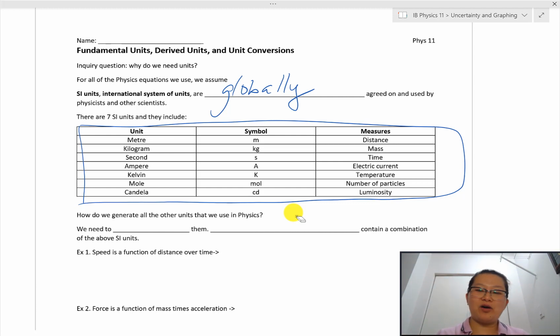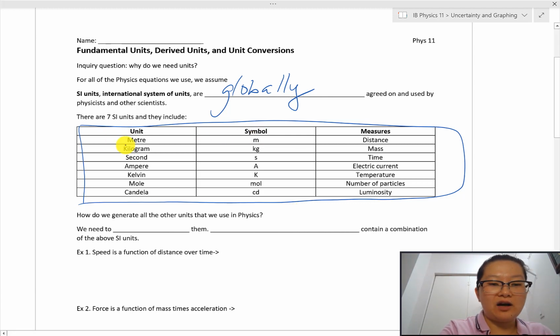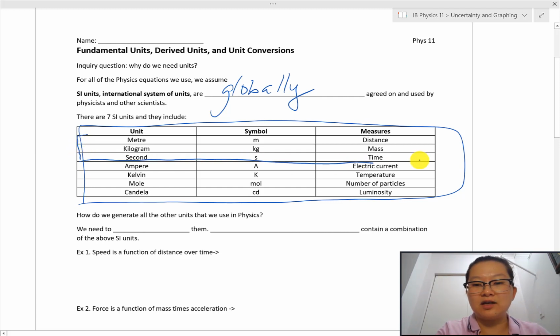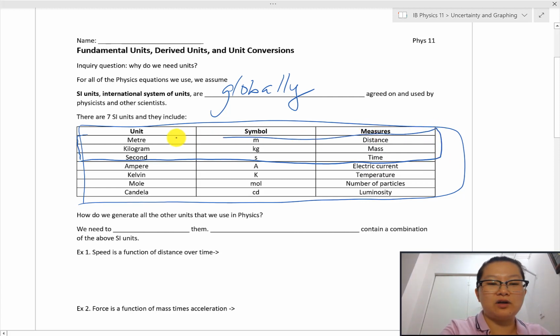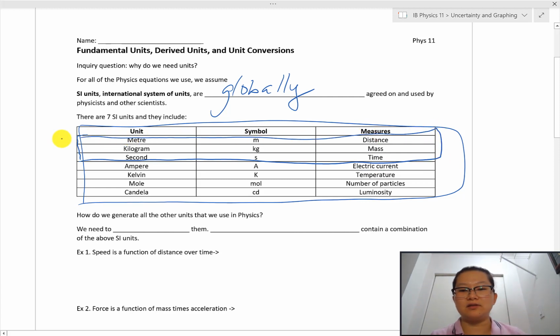The ones that we will talk about in this course, Physics 11, IB Physics 11, we will be covering meters, kilograms, second, not so much amperes. That's going to be in grade 12 IB, but we might get to it at time depending. What else do we have? Ampere, a Kelvin. Kelvin for temperature.